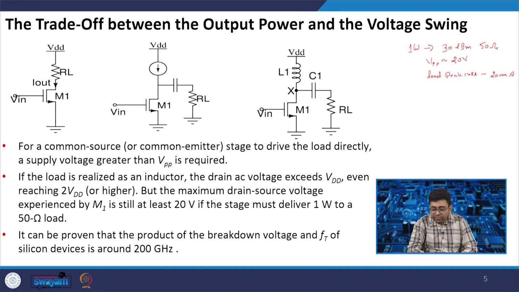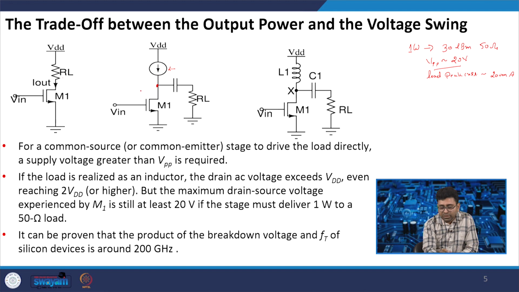If we try to use a common source amplifier with an RL load, biased through a current source, then the peak to peak voltage requirement is too high. In order to deliver that much power, the drain voltage is 20 volt, which is very high.